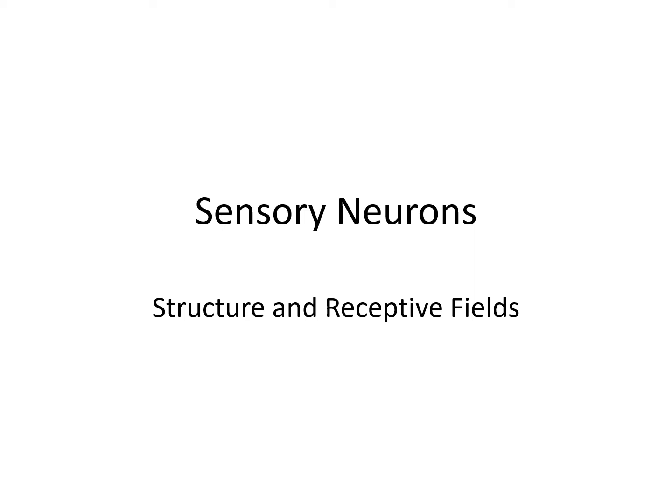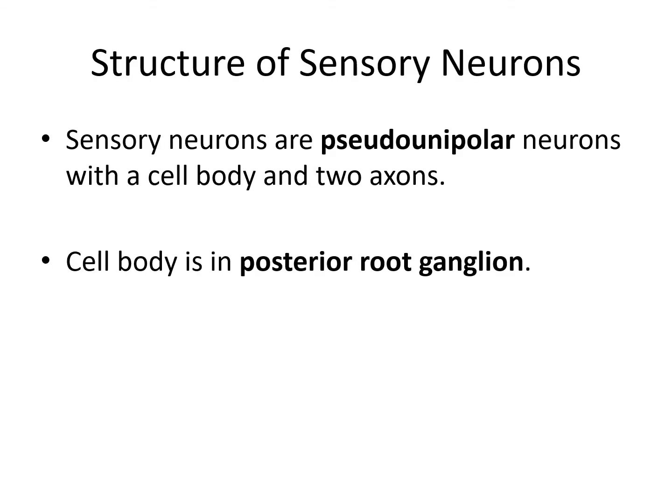Let's take a look at the structure and receptive fields of sensory neurons. Remember, sensory neurons are what are called pseudo-unipolar neurons, with one cell body and two axons. If we look at their structure, as we've shown before, it gives a good explanation of why we need pseudo-unipolar neurons in this case.